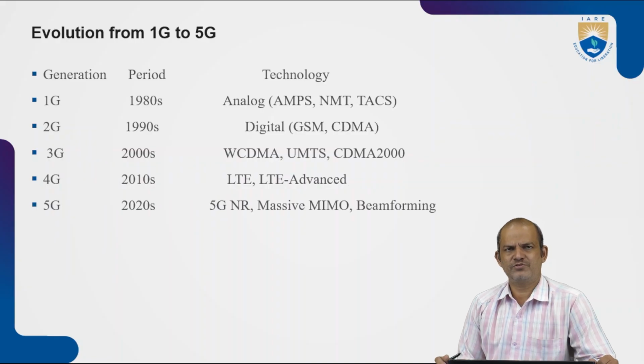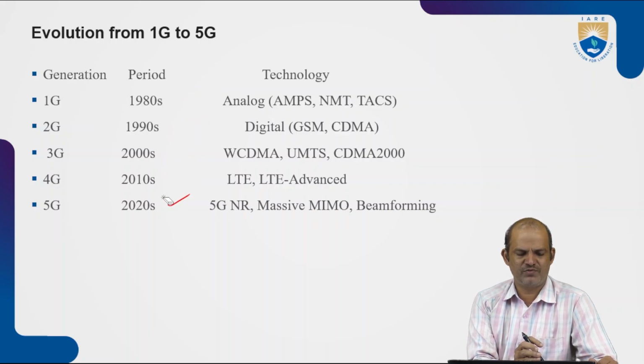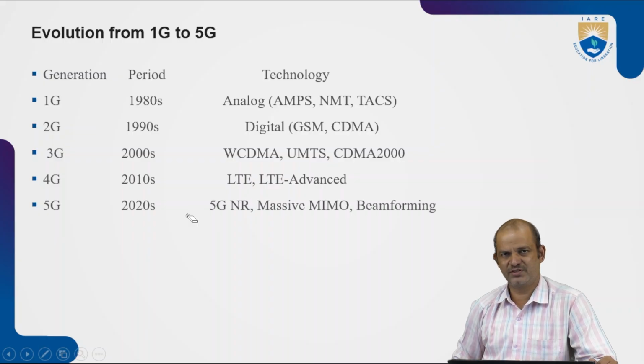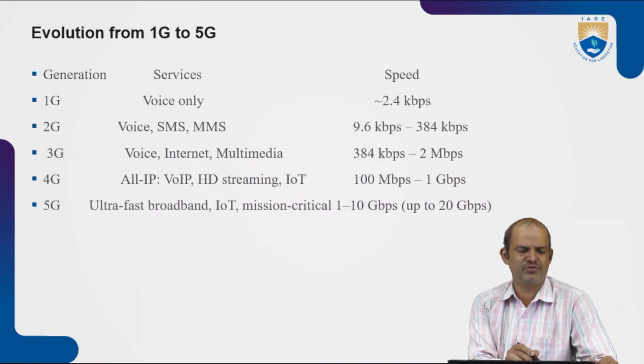In the evolution from 1G to 5G, those are the years. 1G was introduced in 1980, then the second, third, fourth, and fifth generations. Now we are in 5G, with the new radio technology using massive MIMO and beamforming, and some people are using 5G mobiles. In 1G the service was voice only.